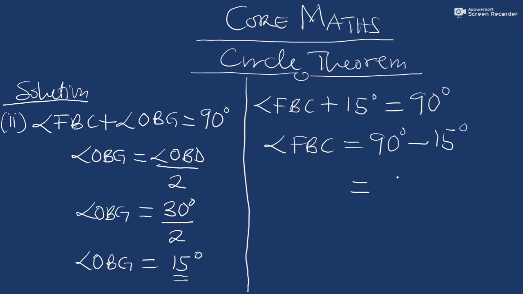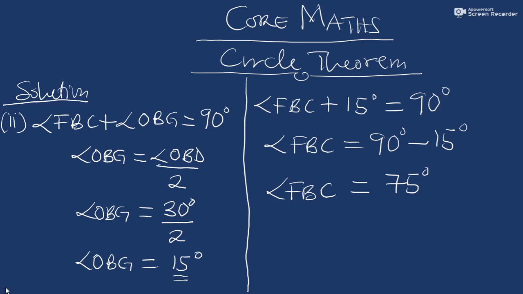And when we subtract, we are going to get 75 degrees. Okay, so angle FBC is 75 degrees. Good. I hope you had it.